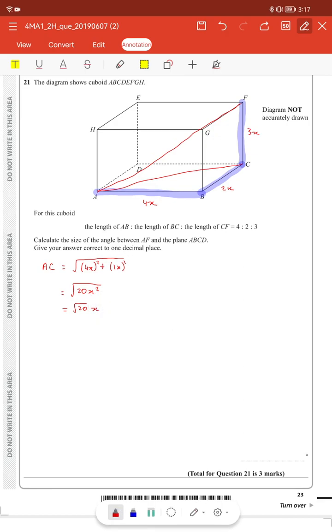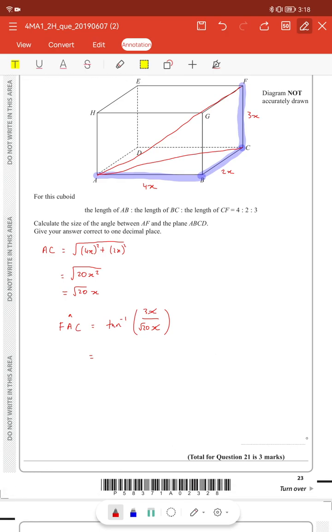So now we know that the angle FAC would be arctan, and we'd have the opposite, which would be 3x over root 20x. The x's would cancel out, so we just get arctan of 3 over root 20, which would give us 33.9 to 1 decimal place.